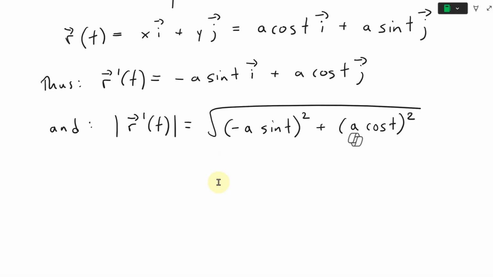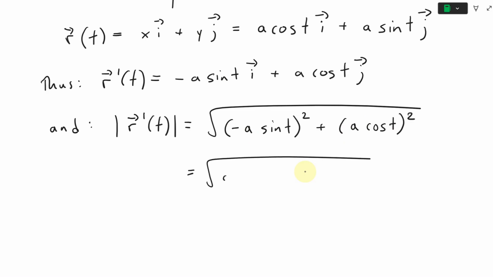All right, and going further, let's simplify this. Again, we're going to use that same Pythagorean identity and cancel out stuff. Because we're squaring, the minus is going to be positive. The a becomes a squared, and this also has an a squared there, so we just factor that out.